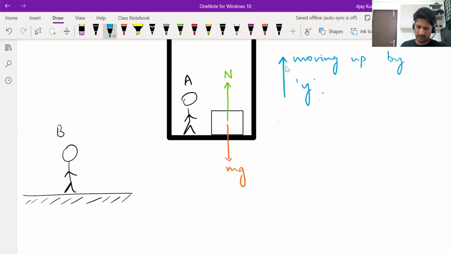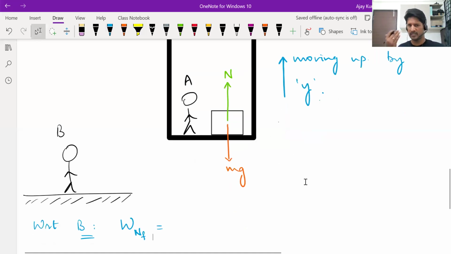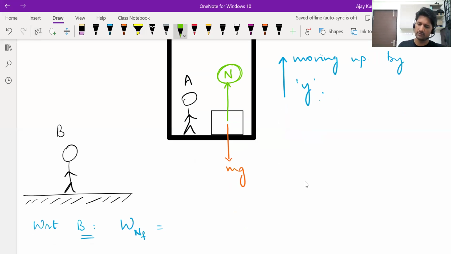So with respect to ground, that means with respect to the observer B, who is on the ground, work done by normal force on the block. Can one of you tell me how much it will be? Let's say the magnitude is N itself. Let's not even equate it to mg or m into g plus a or anything. Take the magnitude as N. The displacement is y. You see their directions, the angle between them, and tell me what is the work done by normal force on the block.